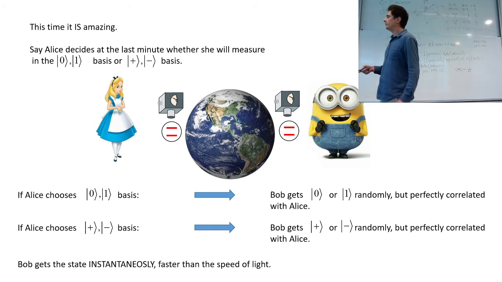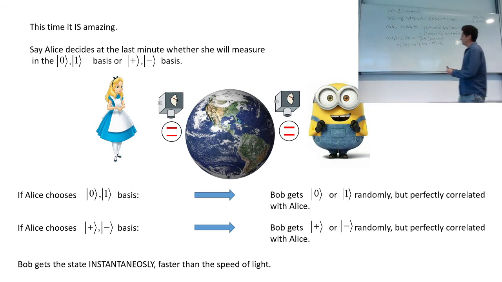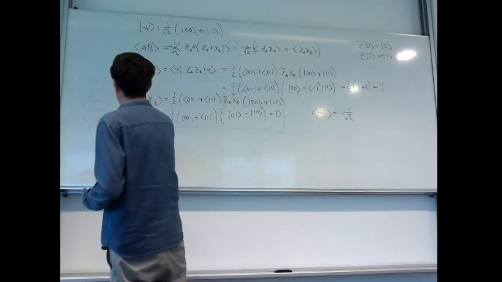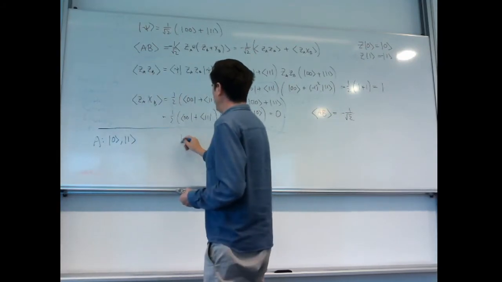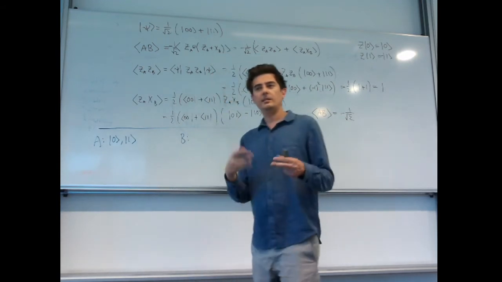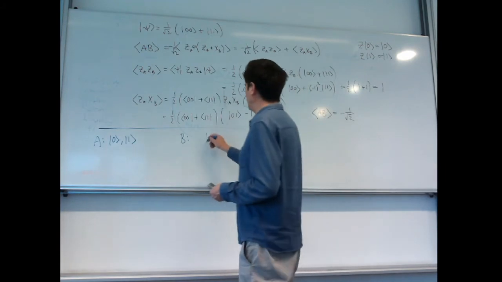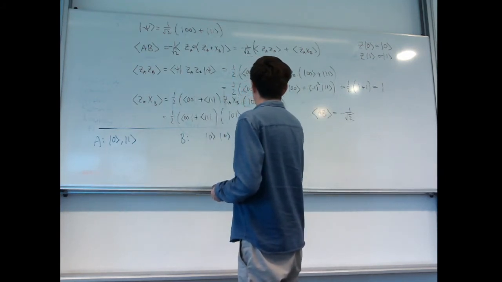If Alice measures in the 0-1 basis, then Bob, if they repeat the measurement many times, will get a bunch of states which are a mixture of ones and zeros.